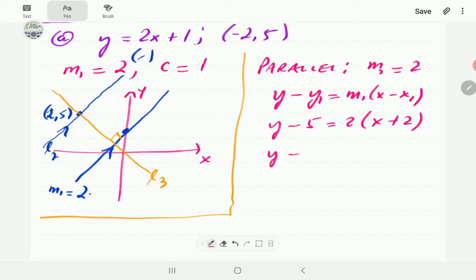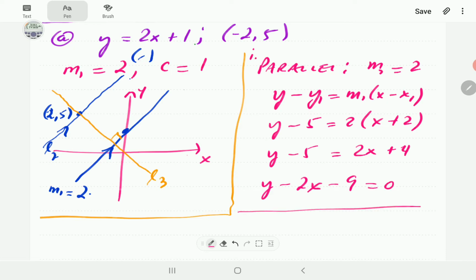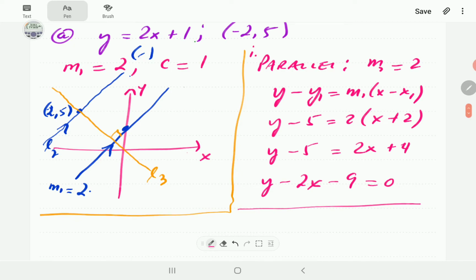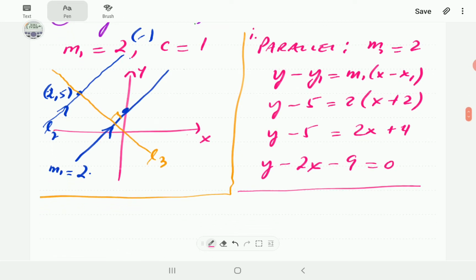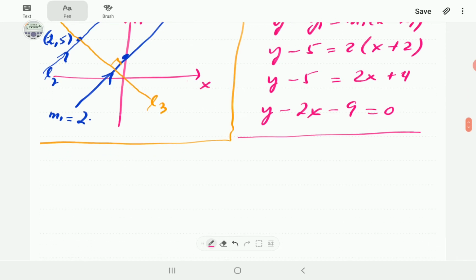Then removing the brackets this side, this is going to be 2x plus 4, and so this is going to be y minus 2x minus 9 equals 0. So that is going to be the equation of the line parallel to y equals 2x plus 1 going through negative 2, 5.